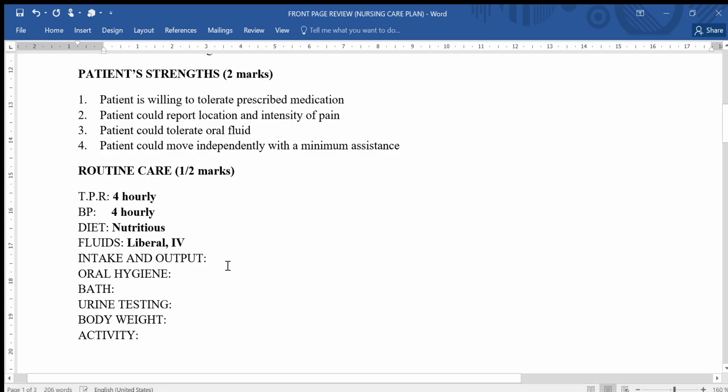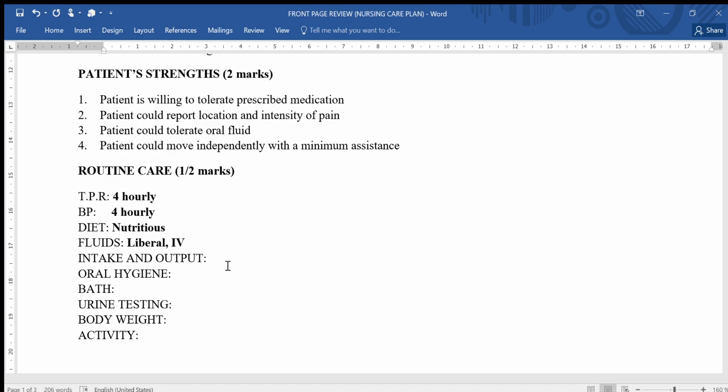Then look at intake and output. For intake and output, we always measure it every 24 hours, right? So just say that it's 24 hourly. Take note that in some cases, it is not requested. You only institute an intake and output chart if it is requested. If it's requested, know that it's 24 hourly that you close it.